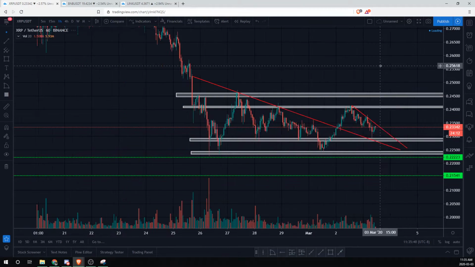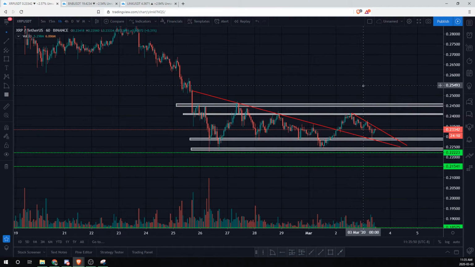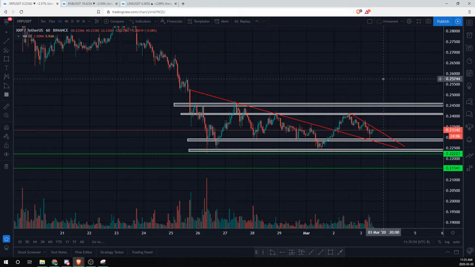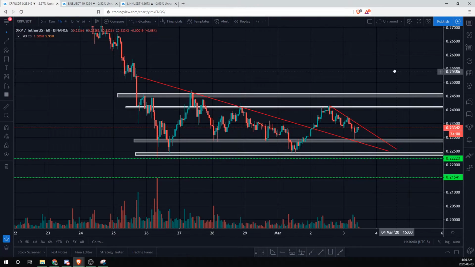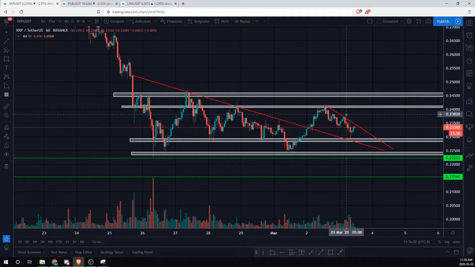So at this point in time, we don't have an entry, but we're cultivating and crafting our entry while the price action is moving in the direction that we're hoping that it will, which is initially to the downside.